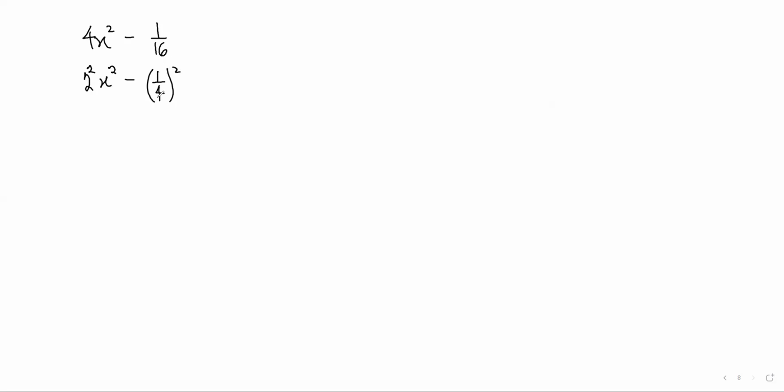And 1 squared is 1, 4 squared is 16. So this is the same as (2x) all squared minus (1 over 4) all squared. So this is a difference of two squares. And we can now factorize it to be (2x minus 1 over 4), one is minus, then the other is (2x plus 1 over 4).